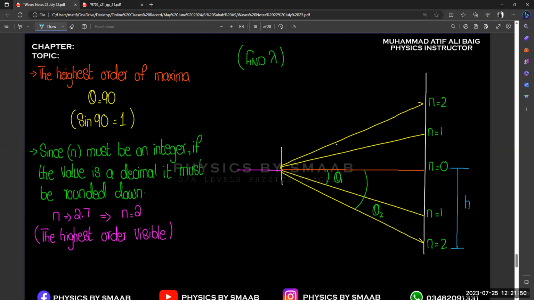And in the last topic, we discussed that the distance from the slit to the screen is equal to capital D. So again, if we use that concept, the distance from this to the screen will give the value of D. So this is the value of D.